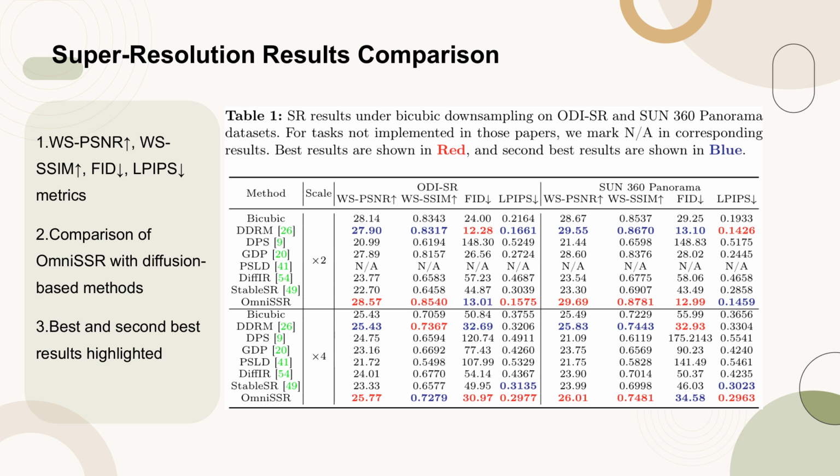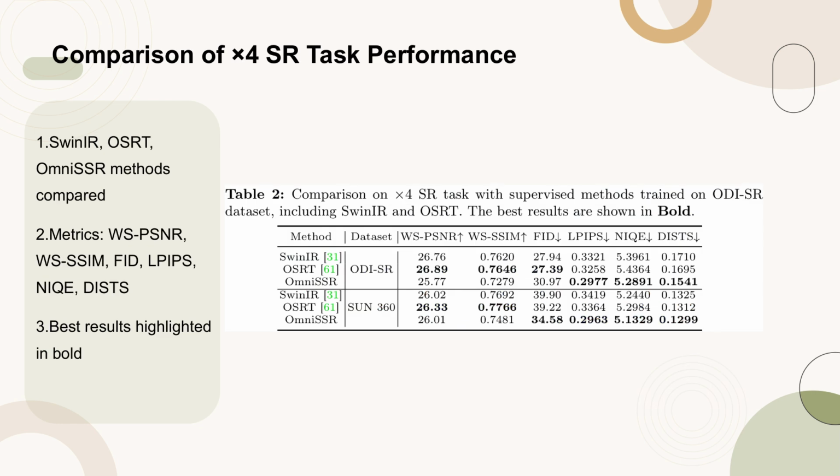Table 2 presents a detailed comparison of the performance of x4 super-resolution (SR) tasks using supervised methods trained on the ODIs dataset. The methods evaluated include SwinIR, OSRT, and OmniSSR. The table provides metrics such as WSPSNR, WSSIM, FID, LPIPS, NIC, and DISTS to assess the quality of the SR results.